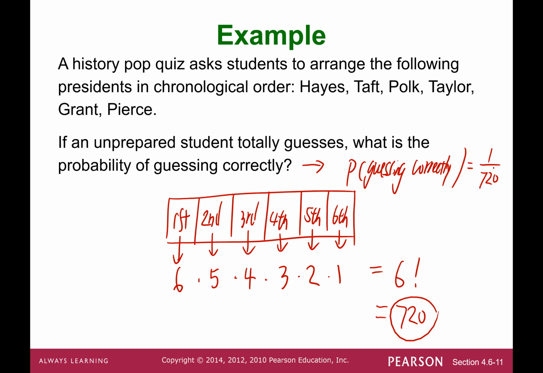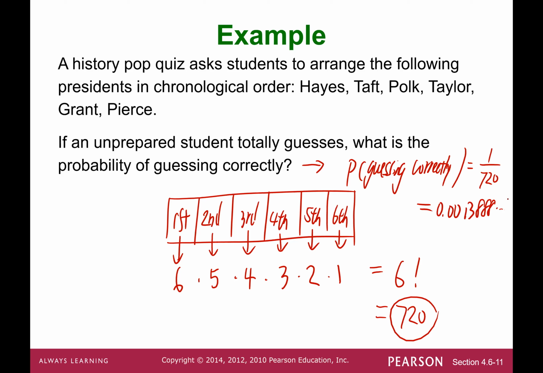If you look at the actual probability, it's pretty low actually. That means this is approximately equal to 0.0013888, meaning the chances of guessing this correctly in a row is less than 1%. It's 0.14%, which is extremely low.